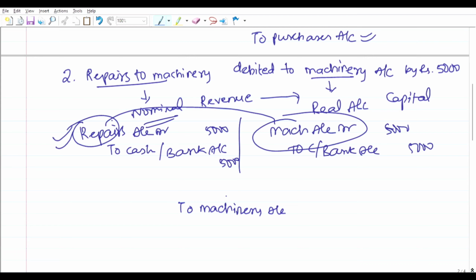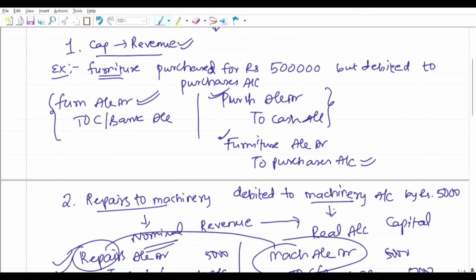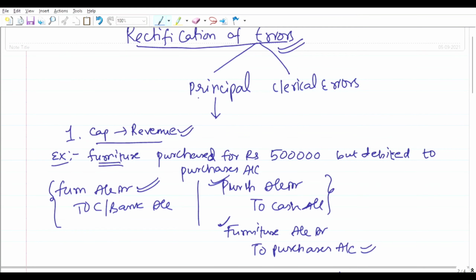Then what has to be debited actually? Repairs. Write the entry repairs account Dr to machinery account by rupees 5,000. So these are the things related to errors of principle.